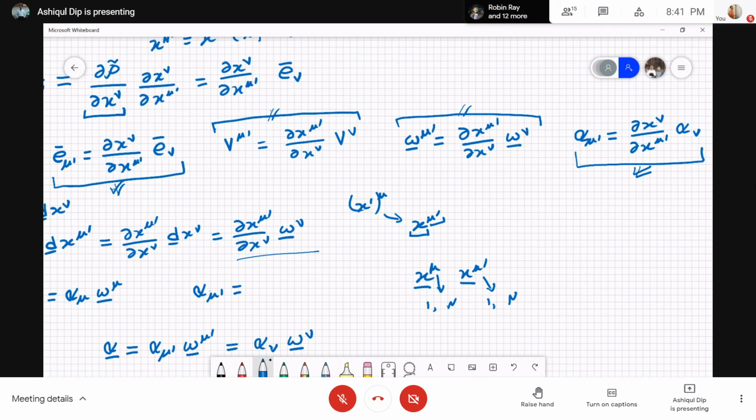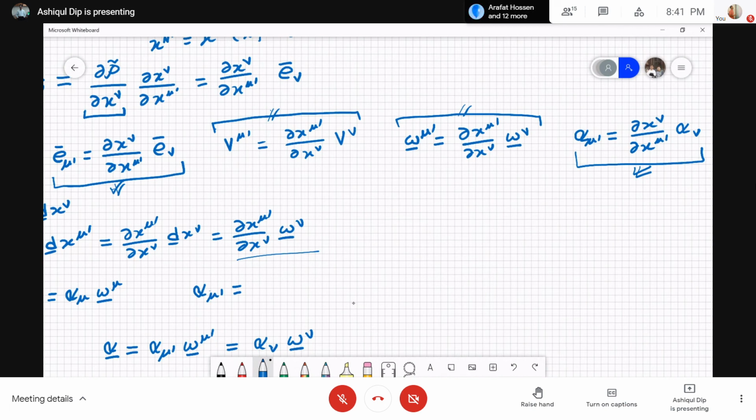What do we mean by the specific transformation rule? Okay, let's do it in a sloppy way. Say you have a coordinate transformation rule that is just multiply by 2.